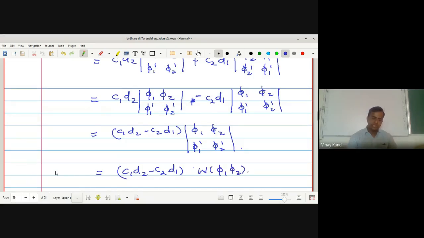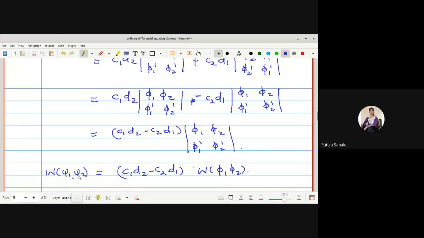And what is the right hand side? Left hand side, rho skin of psi 1 and psi 2, na? Yes sir.